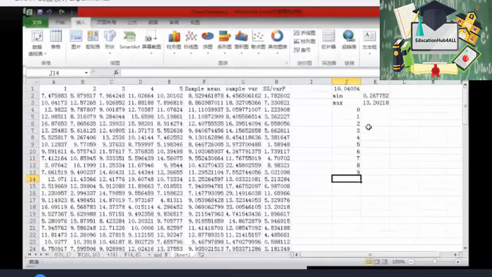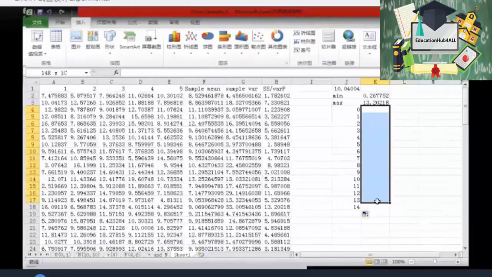There's a lazy way actually: you can just input the 2 and drag it down. Then you go ahead and find the frequency.